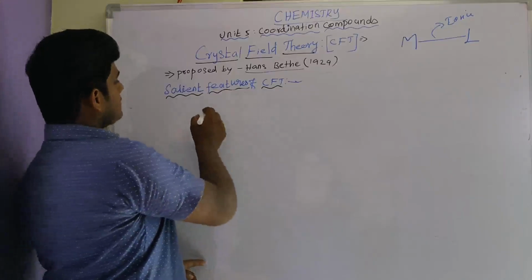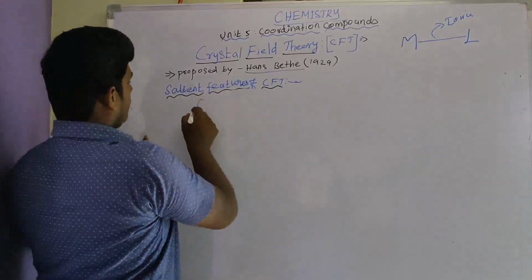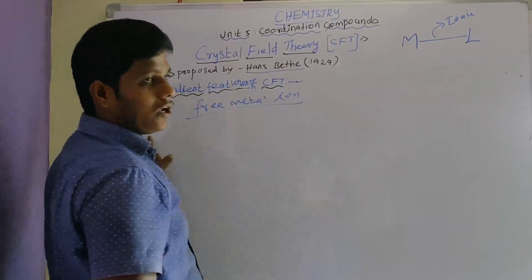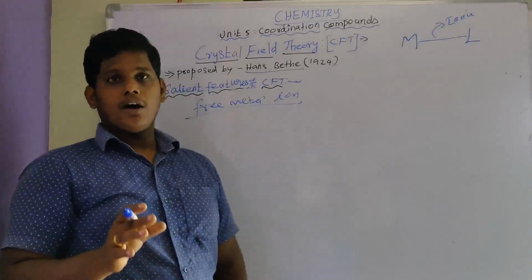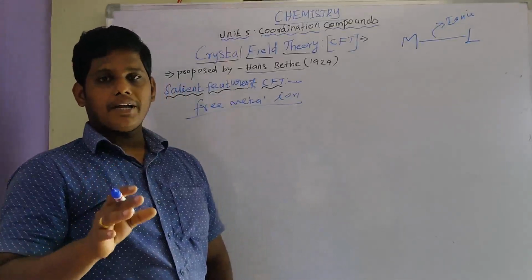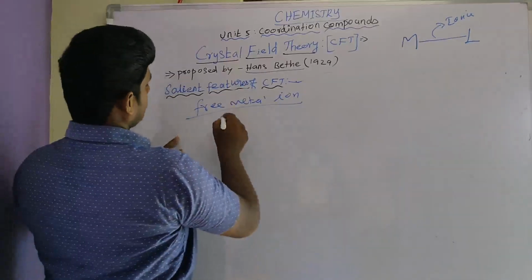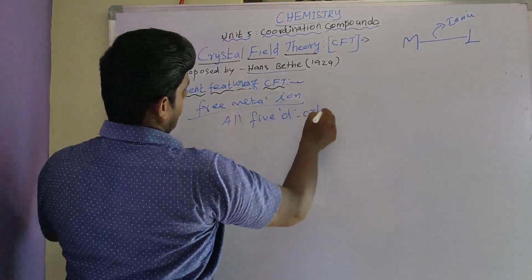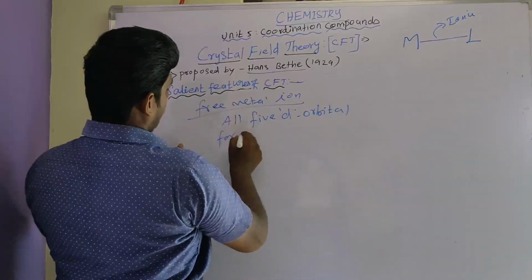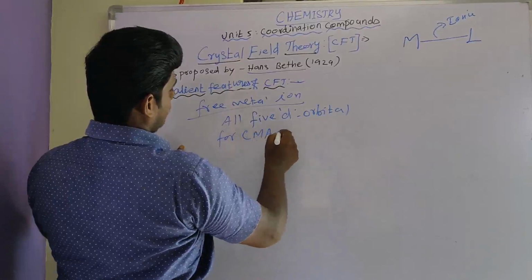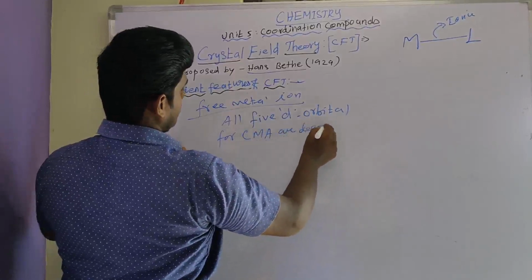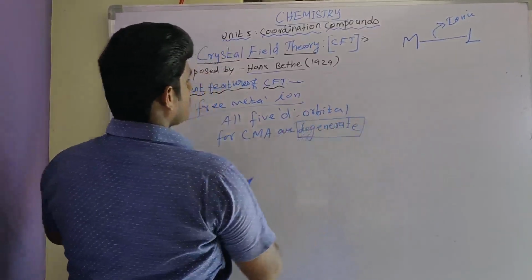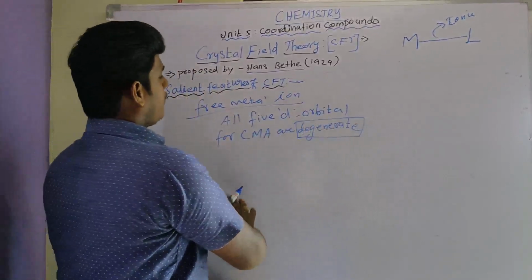First, in the gaseous state, that means the free metal ion state, all five d orbitals of the central metal atom or ion are degenerate.